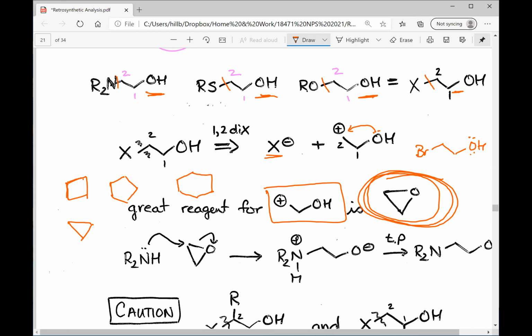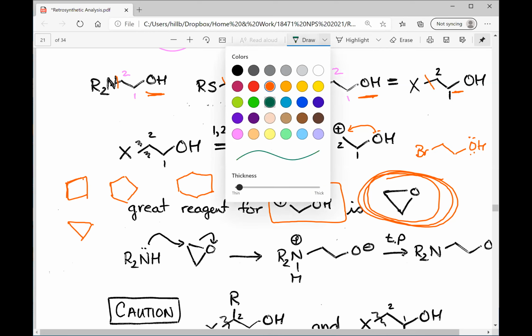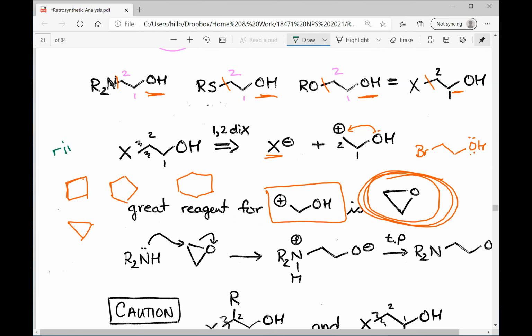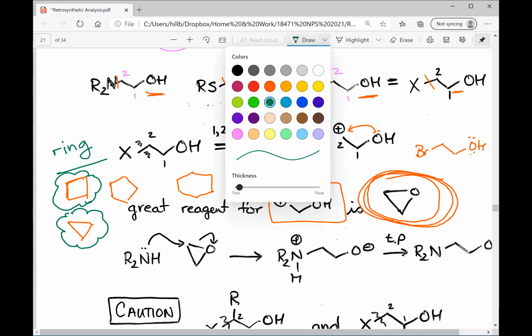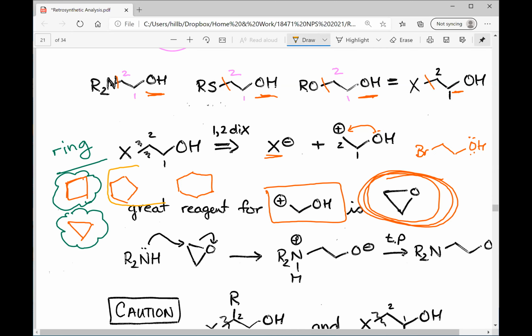It's got a name. Do we remember what that name is? It starts with the word ring. Is it strain?